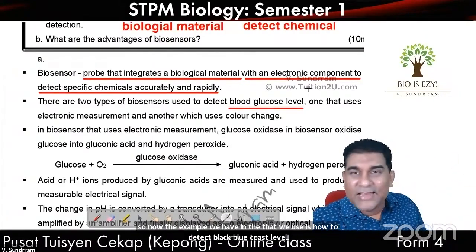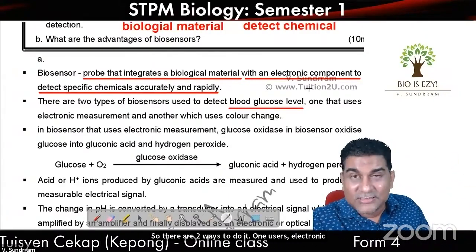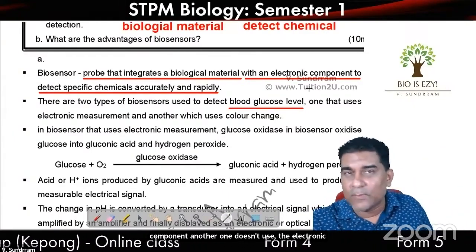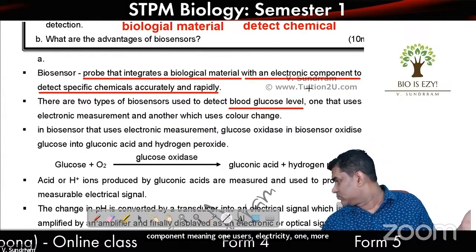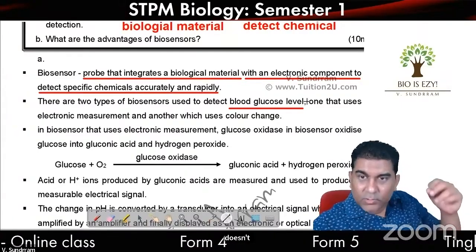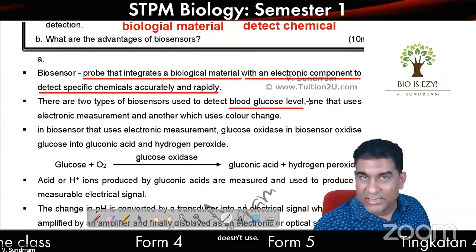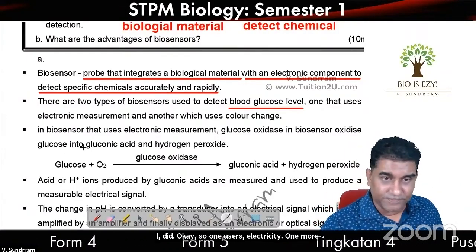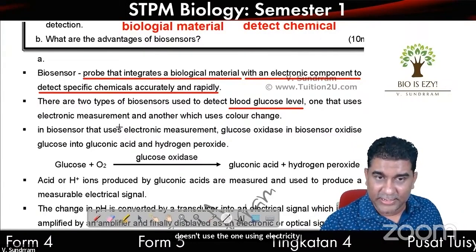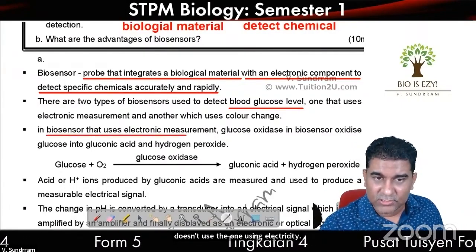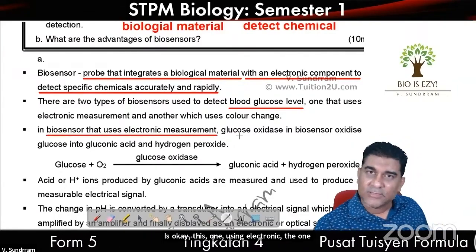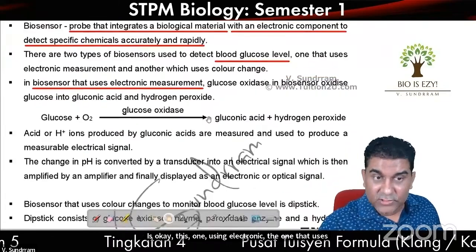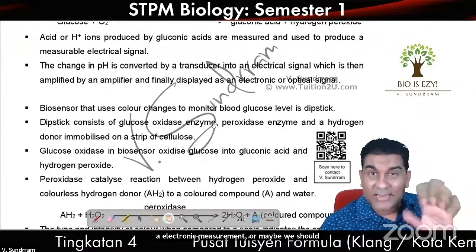One uses electronic component, another one doesn't, meaning one uses electricity, one doesn't. Or maybe we first do the one that doesn't use electricity.